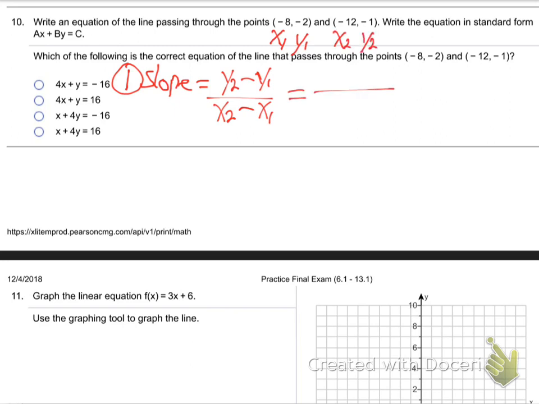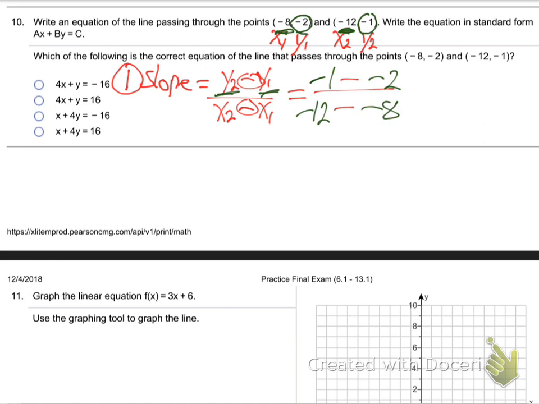So we're going to take y2, this one, minus y1, here's y1, and on the bottom, x2 minus x1.